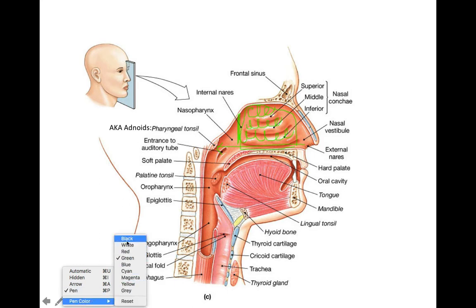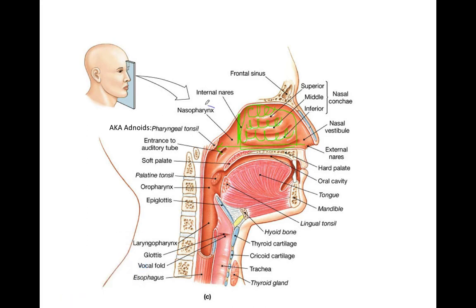Let's do blue. So we're going to come to the nasopharynx. The nasopharynx is the first part of the pharynx. It's directly behind the nasal cavity. It's going to start directly behind the nasal cavity, and it's going to end at the soft palate. So it's going to be in this region right here.